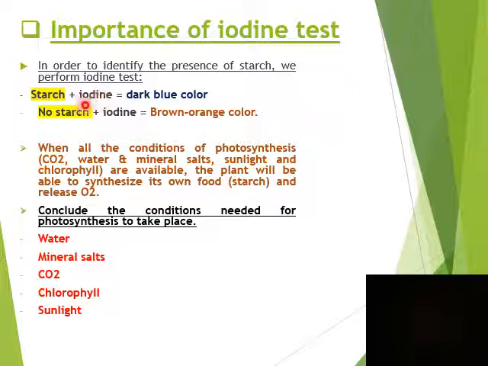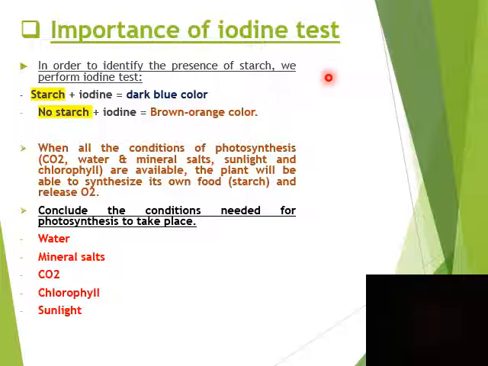So iodine in the presence of starch gives a dark blue color. It is a positive result. And if there is no starch, the iodine test is going to give a brown orange color. It will remain the same as its original color. It will be considered a negative result.